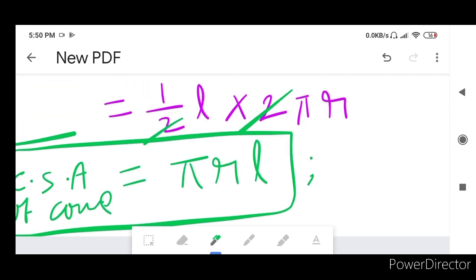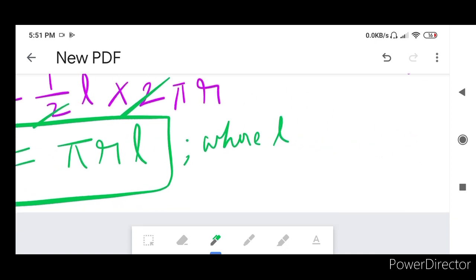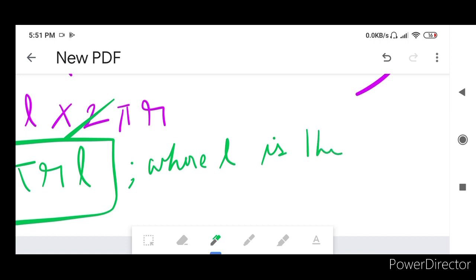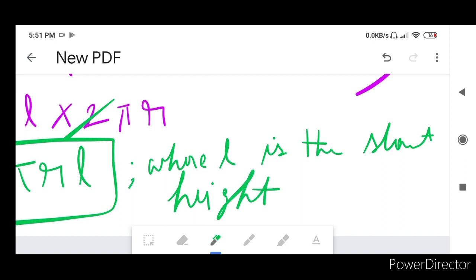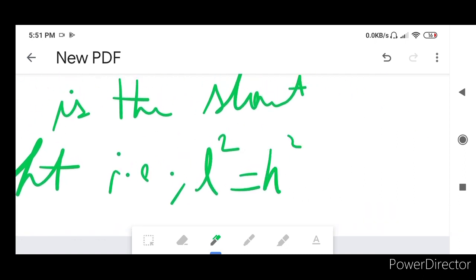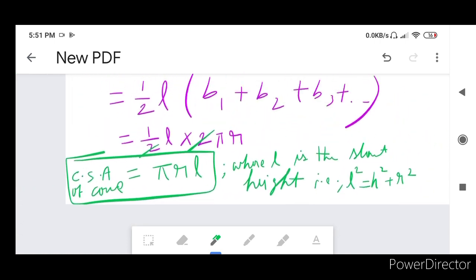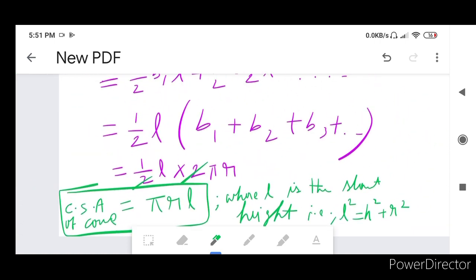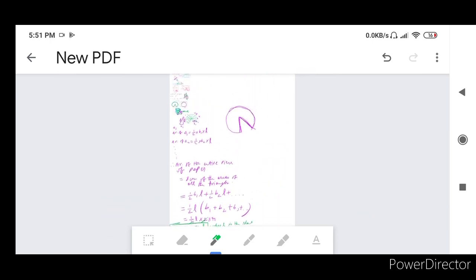Here, basically, the curved surface area of the cone, where L is the slant height, that is L square is equal to h square plus r square. Clear? And r is the radius, you know it already, and pi, whatever value is indicated in your question, you will take pi that way only. Clear?